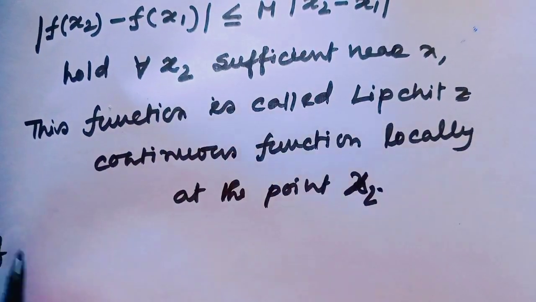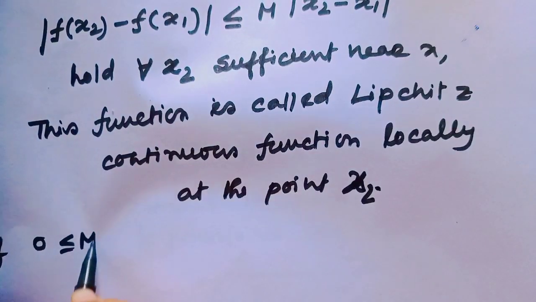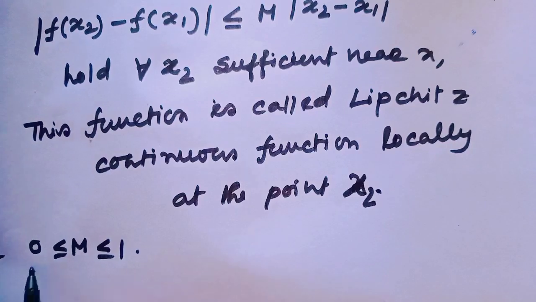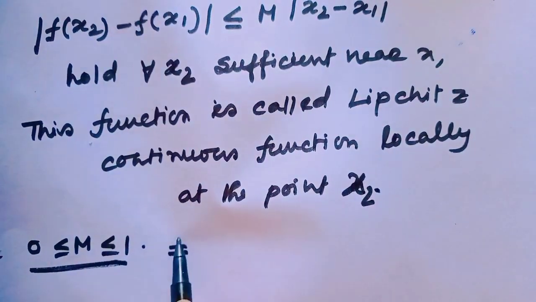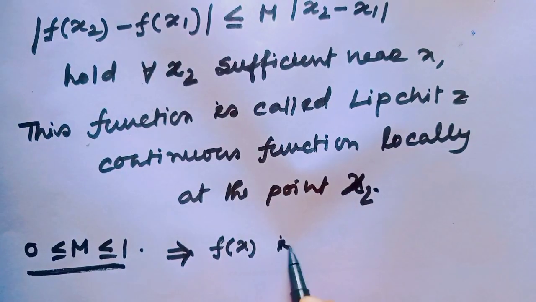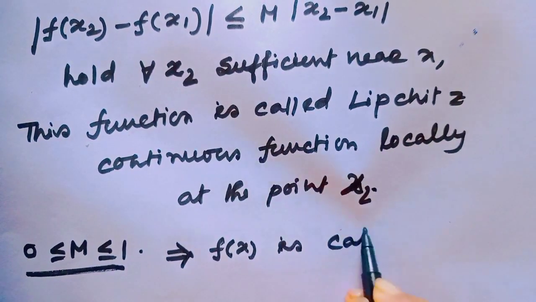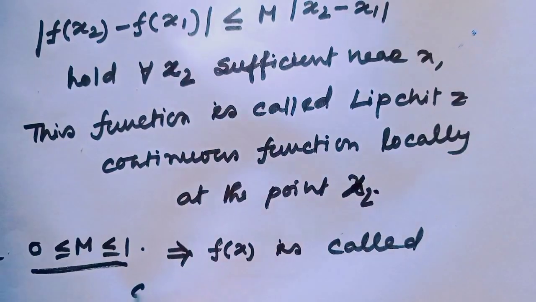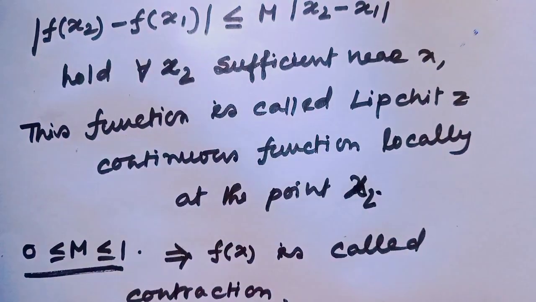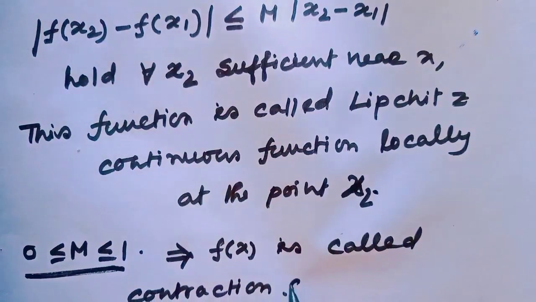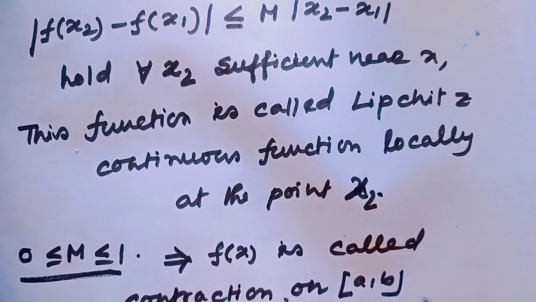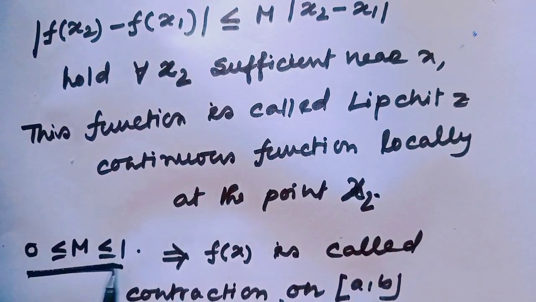If 0 is less than or equal to M is less than or equal to 1, that means M lies in this interval, that implies the function f(x) is called a contraction function, and this is a contraction on the closed interval [a, b] when this inequality holds.